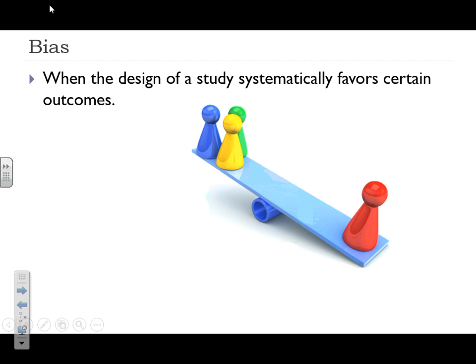Now, biases. Biases occur in many different ways. We're going to talk about a bunch of different types, but we're talking about when the design of a study systematically favors certain outcomes.